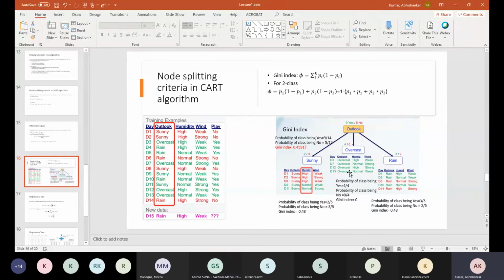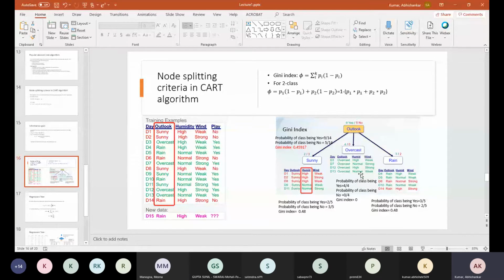So you have to get the information gain. You know the Gini index at Outlook, and you know the Gini index of the respective child nodes, Sunny, Overcast and Rain. You subtract and get the information gain. One idea is to average all the Gini indices and subtract from Outlook.